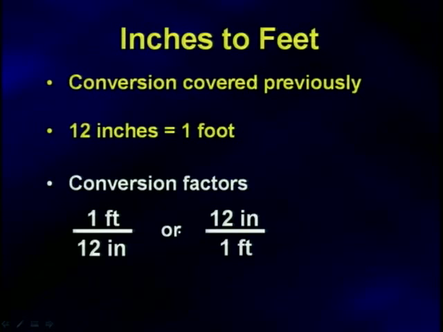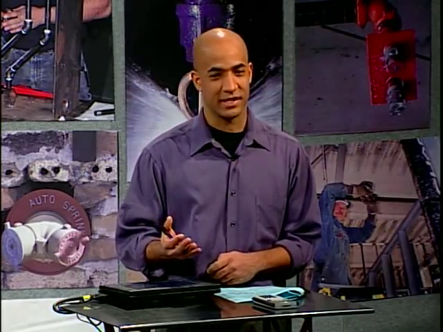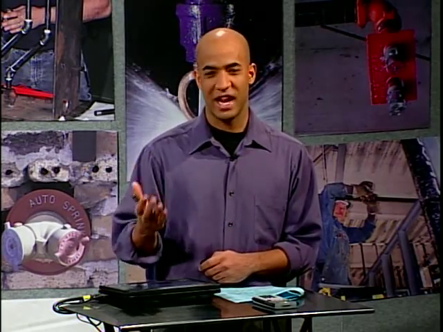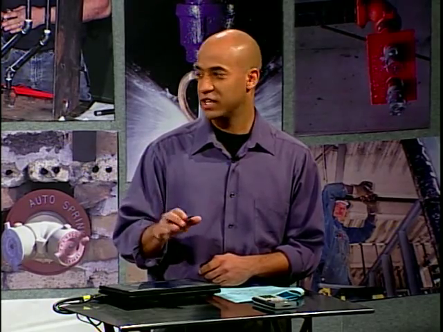Since I know that 12 inches is equal to 1 foot, then each one of these fractions is really just equal to 1, because the numerator is really equal to the denominator. It's like saying I have 8/8 because those two things are equal. Even though they have different units, they have an equal value. So it's like multiplying by 1. So when you multiply by 1, you don't change the number. You just kind of change how it looks.